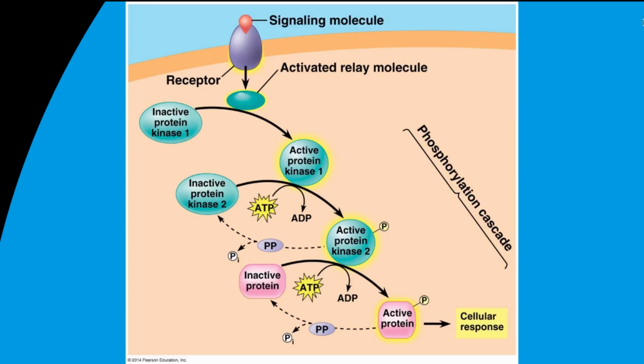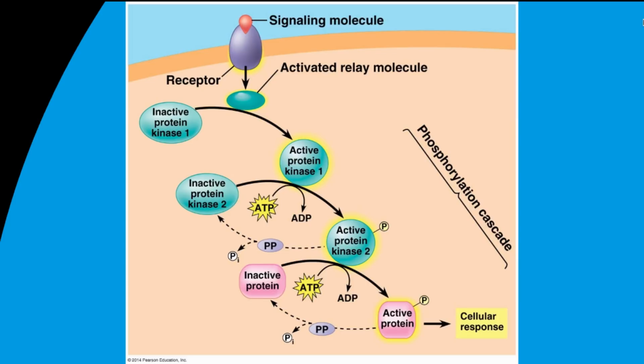Here we see a couple-step pathway. They can actually be much longer than this, 5, 6, 7 steps even. And this multi-step pathway is very important for the cell, mainly to amplify the signal. Remember that all of these steps here are enzymes, and enzymes can catalyze multiple reactions. They work over and over and over again.